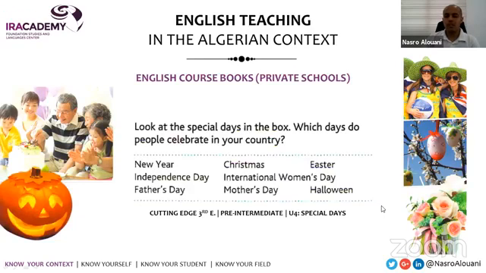It talks about special days in pre-intermediate Unit 4, Special Days. And you find, of course, this table talking about Easter, Halloween, International Women's Day, Christmas, and you have to explain these special days to the students. The question was, which days do people celebrate in your country?